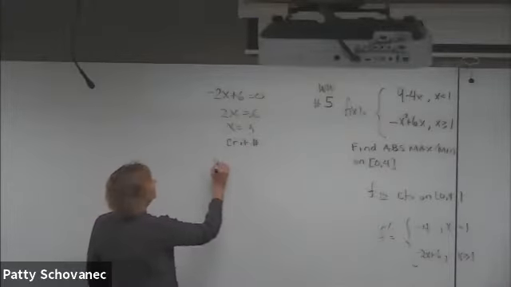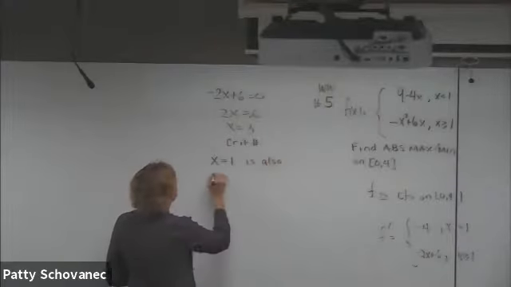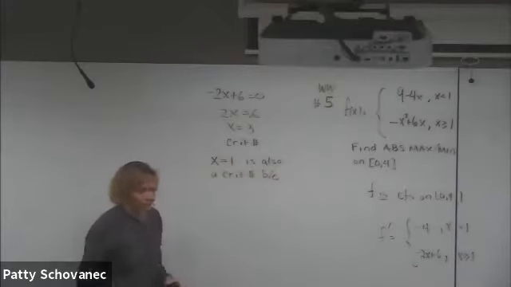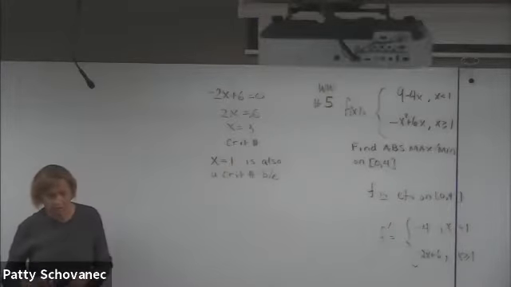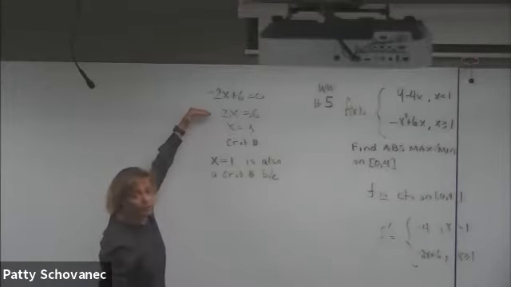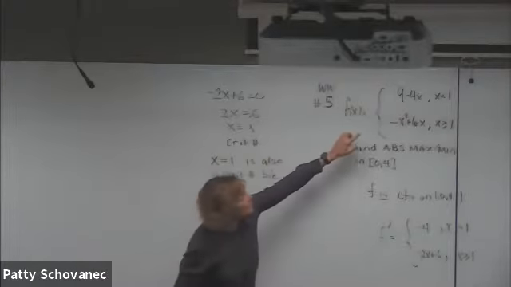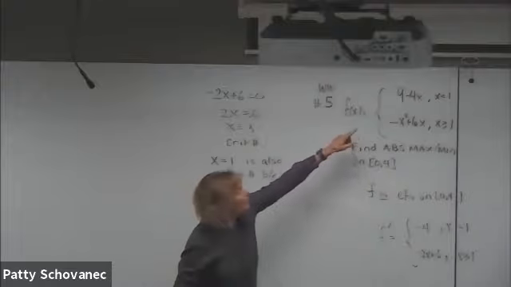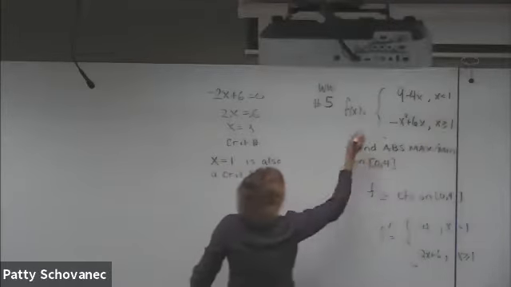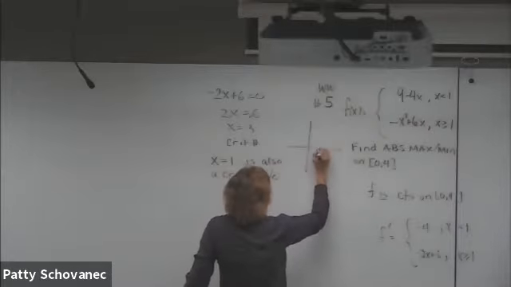And then tell me why x is equal to 1 is also a critical number. But remember we said if it's a continuous function, there's going to be places where the derivative is 0 or where the derivative does not exist. The derivative doesn't exist here because I've got a sharp corner happening when I change shape. You're talking about at 1. At 1, because this line segment here, here's x is 1.